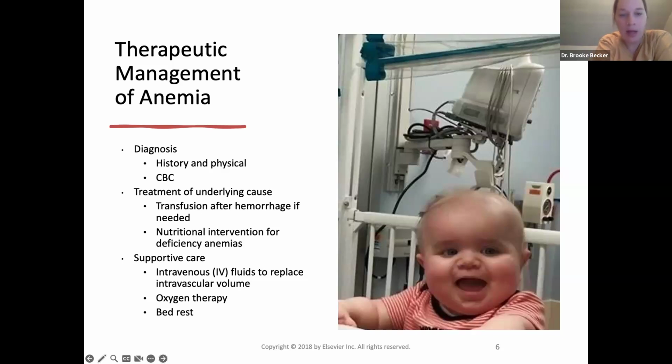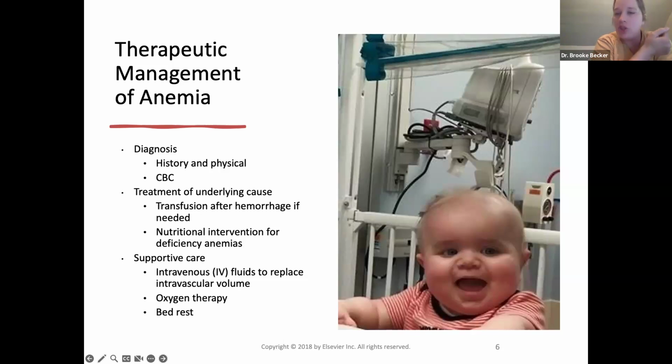So if it's from a nutritional deficiency, then that needs to be corrected. Okay. So if it's related to an iron deficiency, which, like I said, is the most common cause of anemia in pediatrics, those kids need to be taking iron supplementation or eating more green leafy vegetables or eating more red meats and eating less dairy.